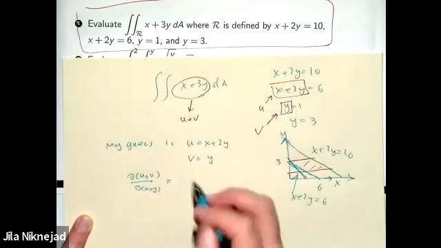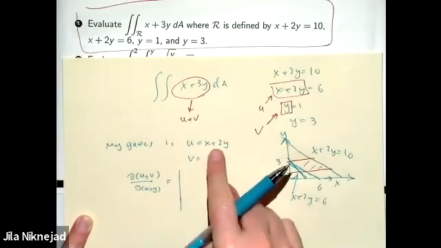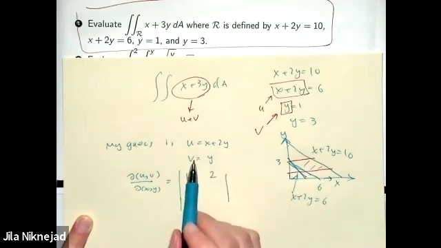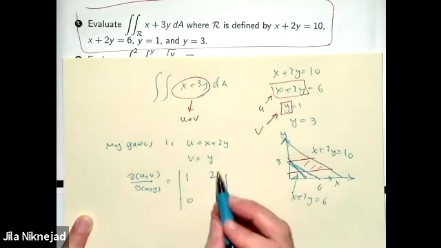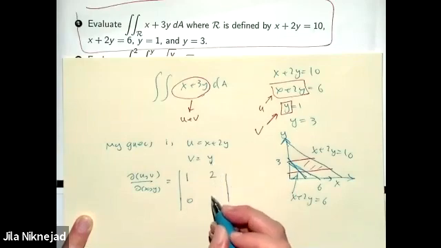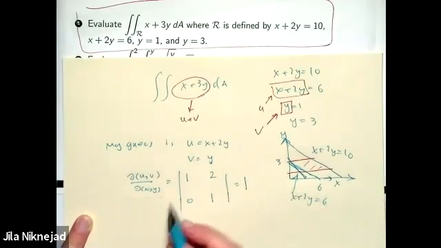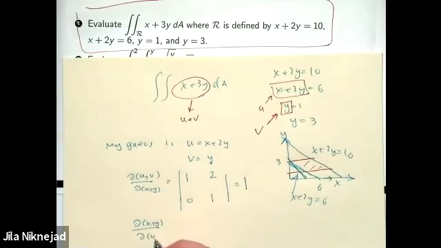And so this Jacobian: U in terms of x is 1, U in terms of y is 2, V in terms of x is 0, V in terms of y is 1, and so it's 1. I did that right? So it's 1. So the reciprocal still is 1/1.